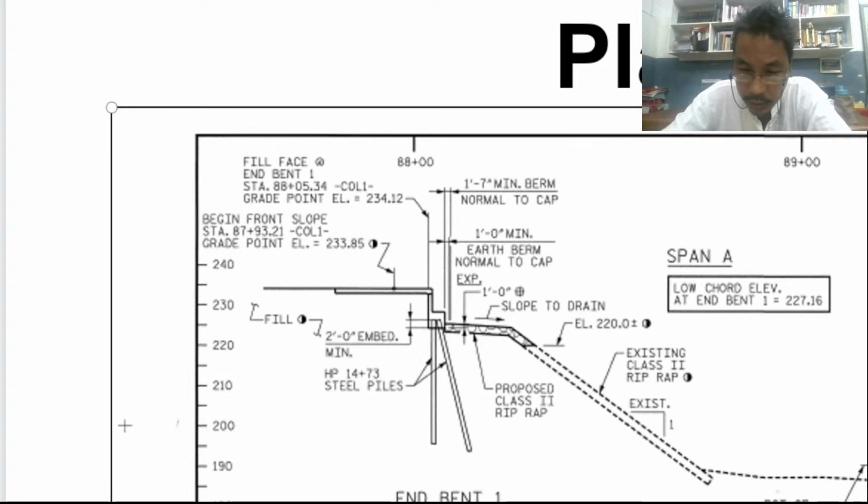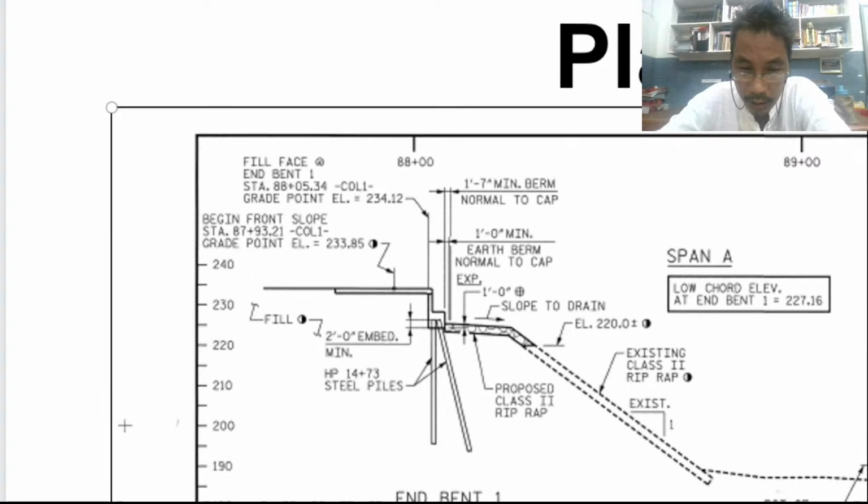So footings, foundation, piles, sometimes pile cap could be, and usually they are under the soil. So there are several components under the soil.